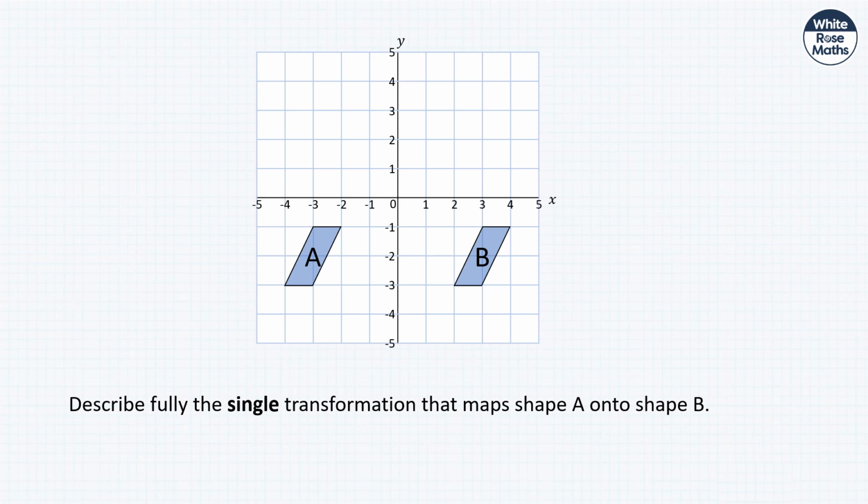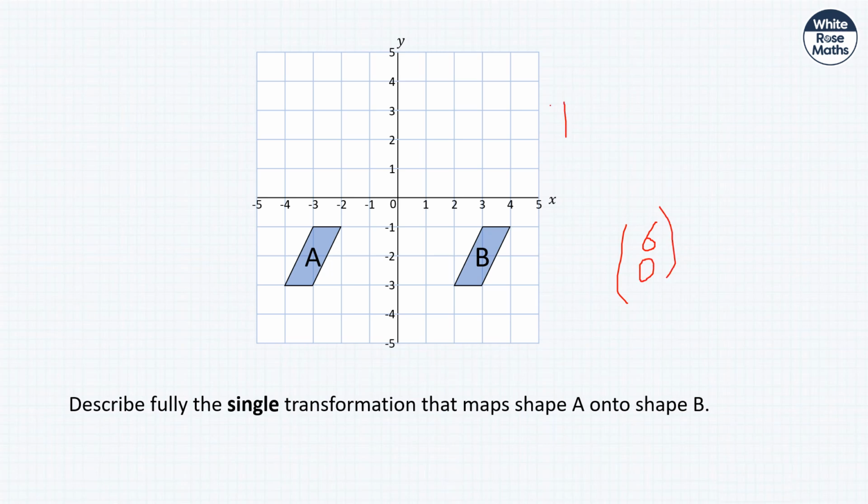So what I'll do, guys, is chat about this verbally to make it quicker for you. From shape A onto shape B, it will be a translation with vector 6, 0. Okay, so it's a translation.